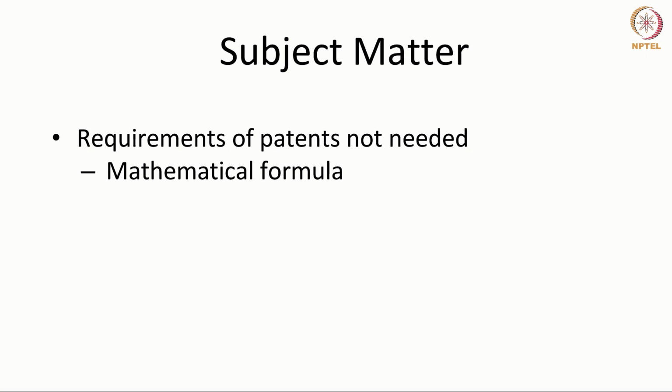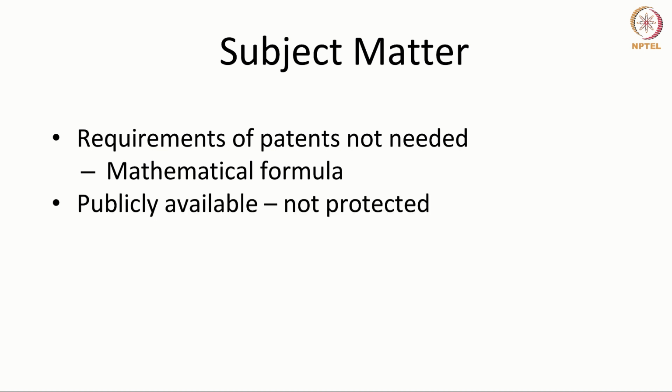For instance, a mathematical formula cannot be protected by way of a patent, but it is possible to protect that mathematical formula or any other information which cannot be patented through a confidential information regime. For the simple reason, there is a contract that obliges the recipient of the information not to disclose it or use it further.